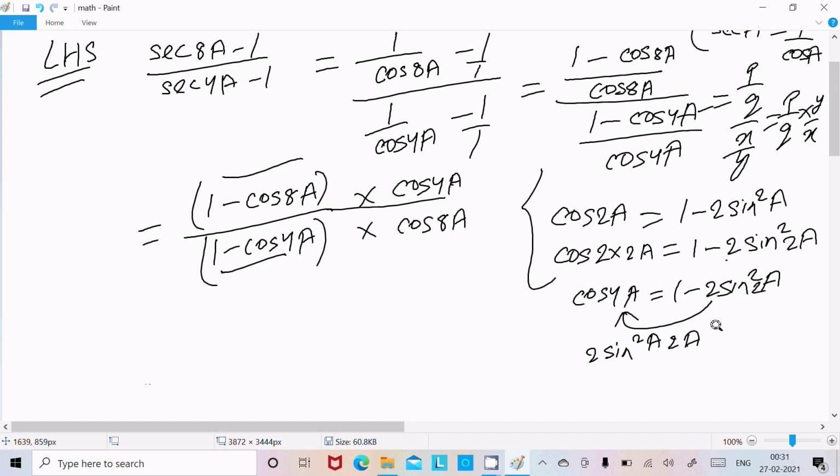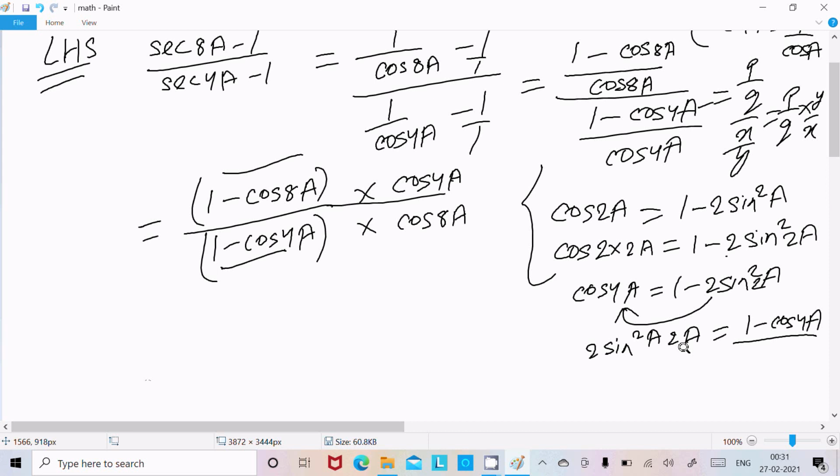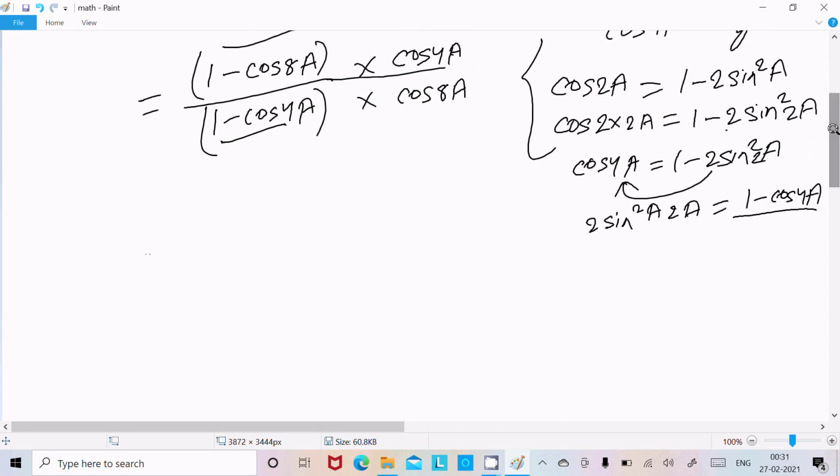So in place of 1 minus cos 4A we can write 2 sin square 2A. And for cos 8A, directly write this one: 2 sin square 2A equals 1 minus cos 4A.